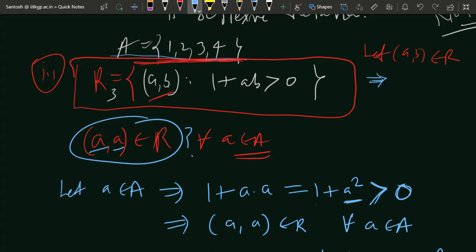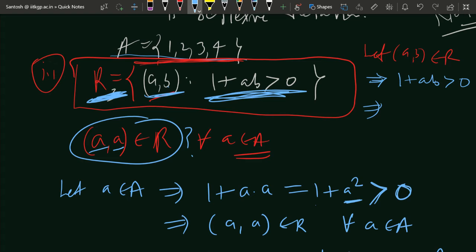If (B, A) belongs to R for all (A, B) belonging to R, then we call it symmetric. So (A, B) belongs to relation R, and the condition is 1 plus AB is more than 0. Now to check whether (B, A) belongs to R, you will interchange A and B. So what do you do in symmetricity?